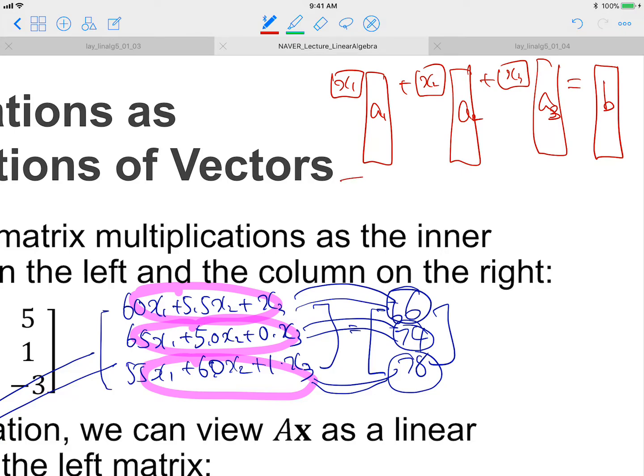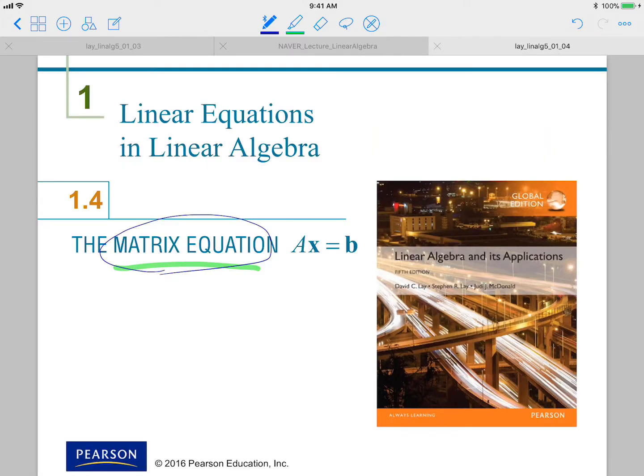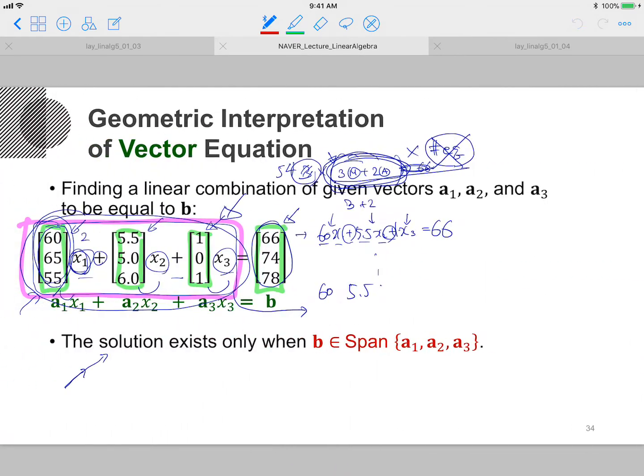This was our vector equation, and now this can be viewed as Ax equals b, as another single equation, right? And related to that, I just wanted to emphasize that.